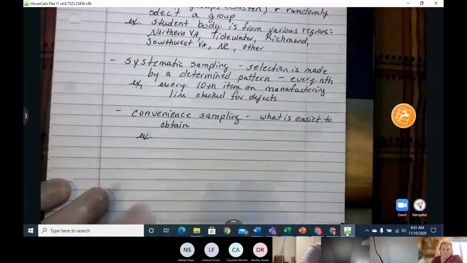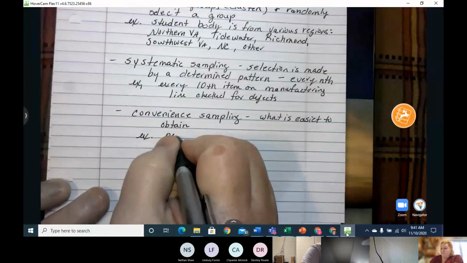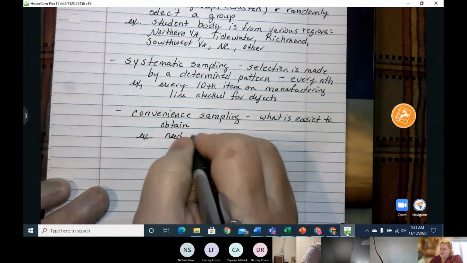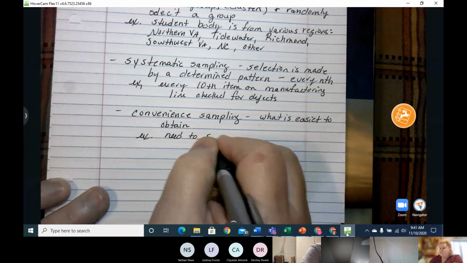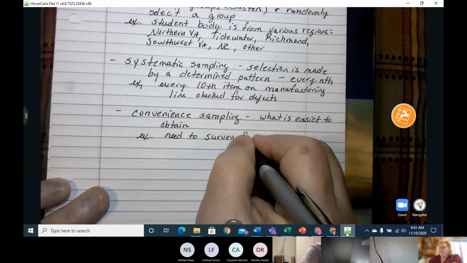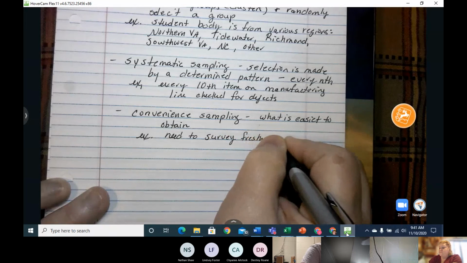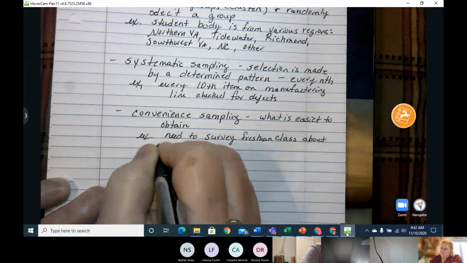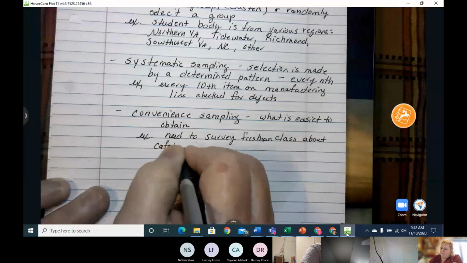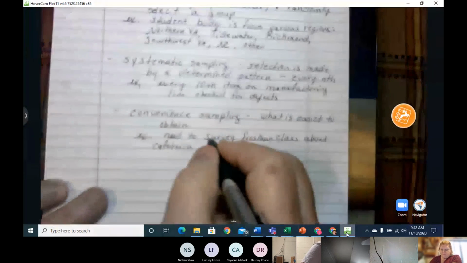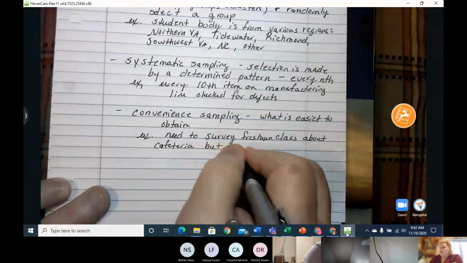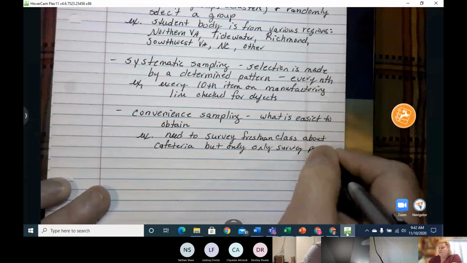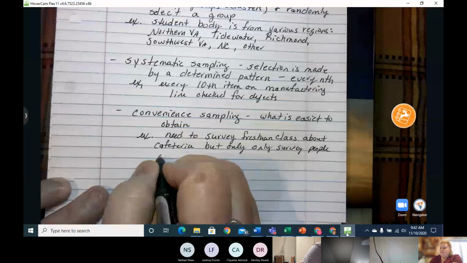An example would be that you need to survey the freshman class about the cafeteria, but you only survey the people on your hall.